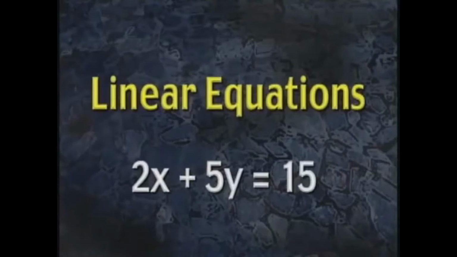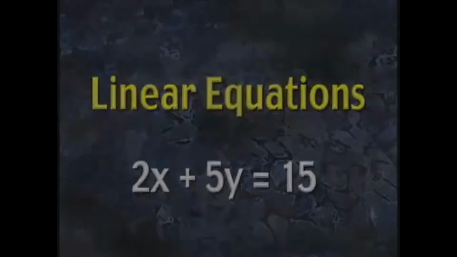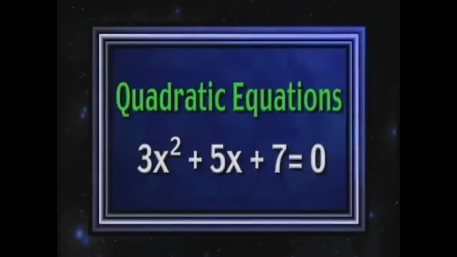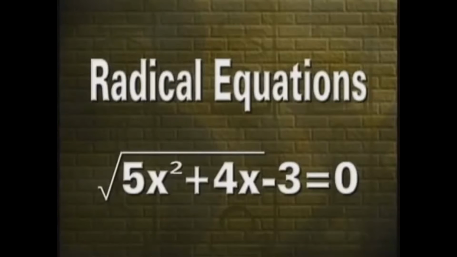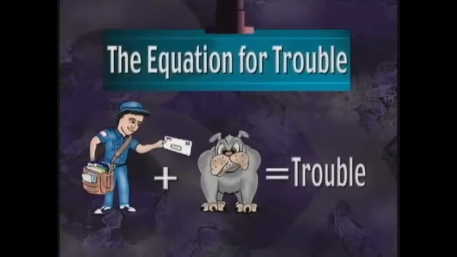First, linear equations, such as 2x plus 5y equals 15. Next, quadratic equations, such as 3x squared plus 5x plus 7 equals 0. Next, radical equations, such as the square root of the quantity 5x squared plus 4x, all minus 3, equals 0. And finally, the equation for trouble, which you see here.